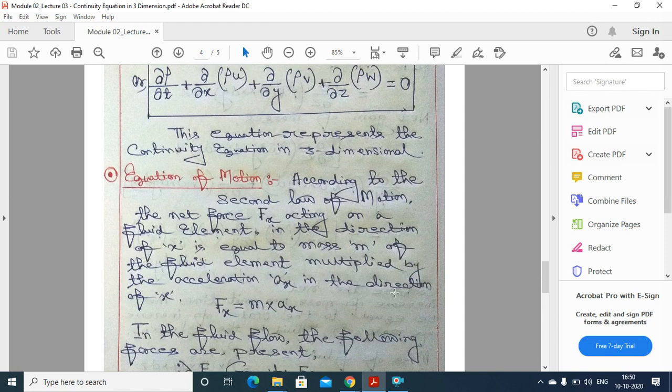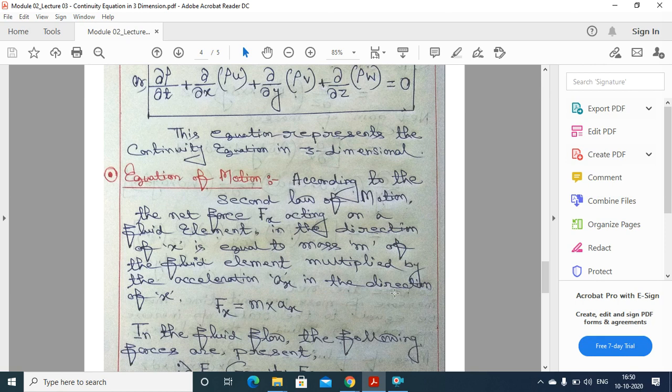Equation of motion: according to the second law of motion, the net force Fx acting on a fluid element in the direction of x is equal to the mass m of the fluid element multiplied by the acceleration ax in the direction of x.